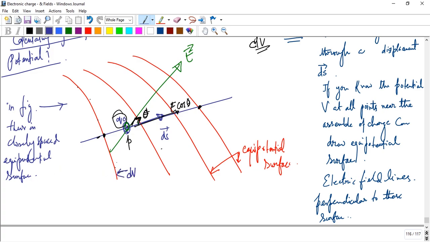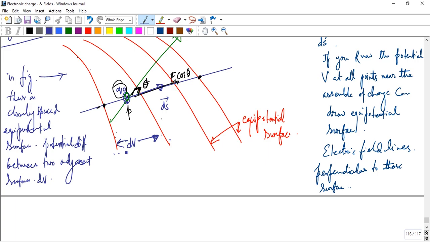Take P as any point, where the field is perpendicular to the surface.